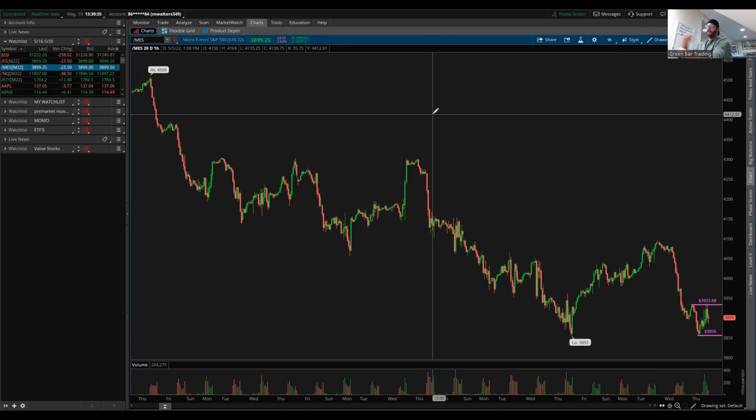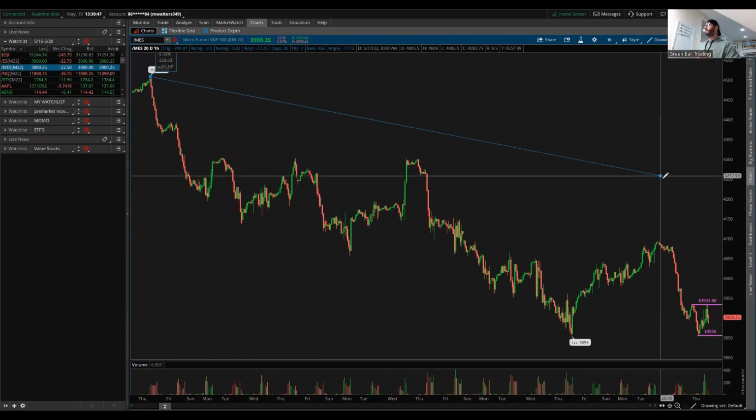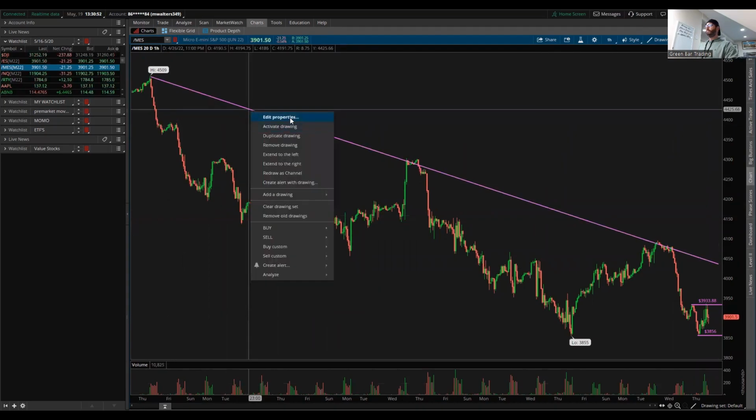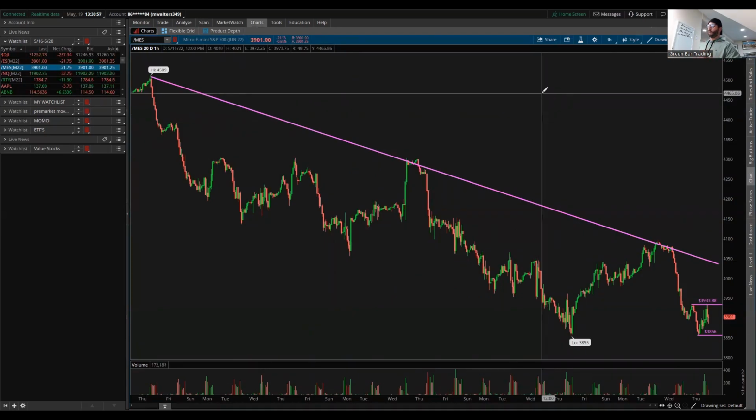And that's something, like I said, every morning in our Discord, we have those key levels mapped out on the SPY, on the Qs, and on the Russell 2K. So right here, you have a very clear trend line. And I'm just going to make this a little bit thicker so that you can see, maybe if you're watching on mobile, this is a trend line for the last 20 days. So we came up to it, rejected, came up to it right here, rejected.